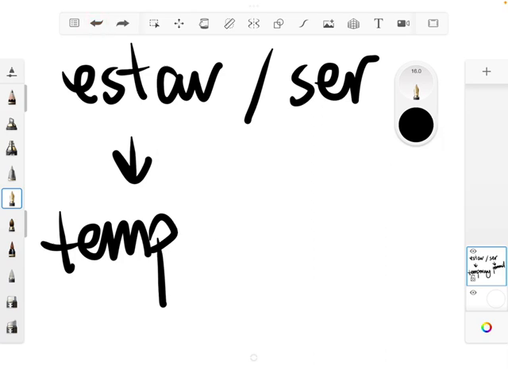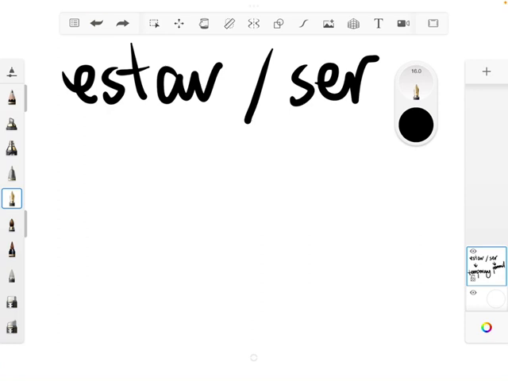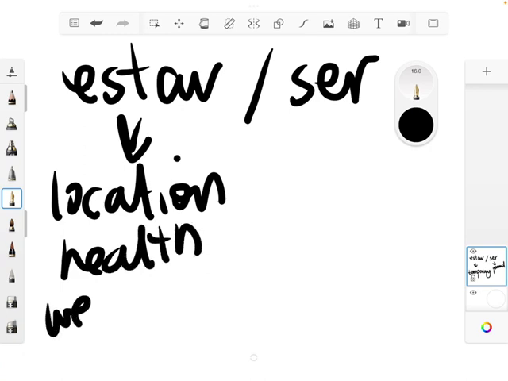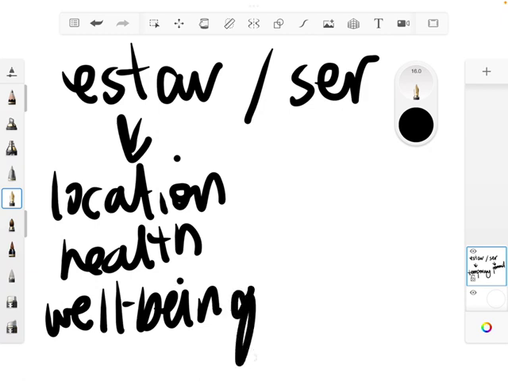Now, what do I mean by that? With estar, for example, we use it for location, health, and well-being. These are all things that can change, right?